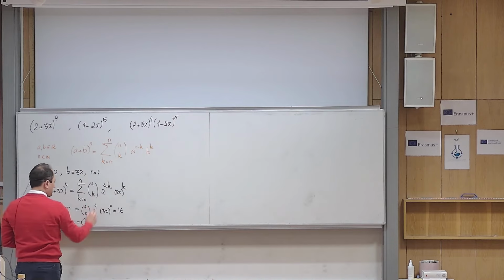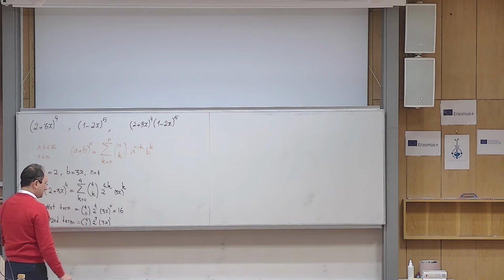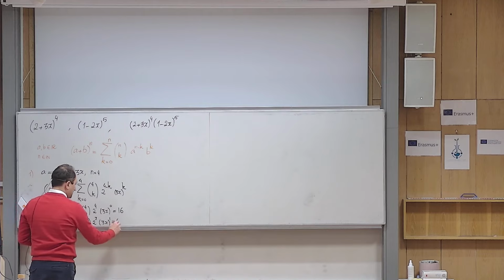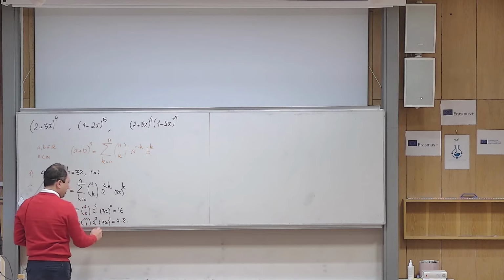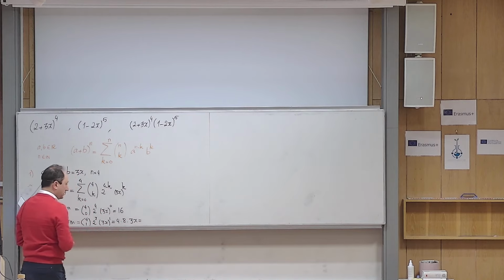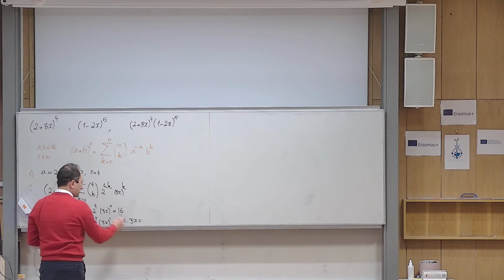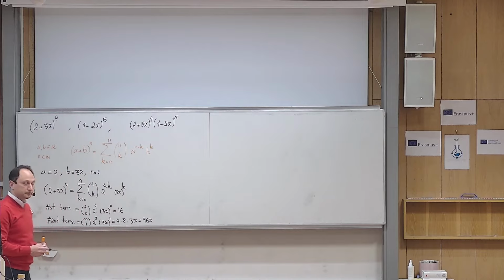Then I have 2 to the power of 4 minus 1, so this becomes 2 to the third, and then 3x to the power of 1. 4 choose 1 is just 4, multiplied by 8, and multiplied by 3x. So 4 times 8 is 32, and 32 times 3 is 96x. So that's my second term.